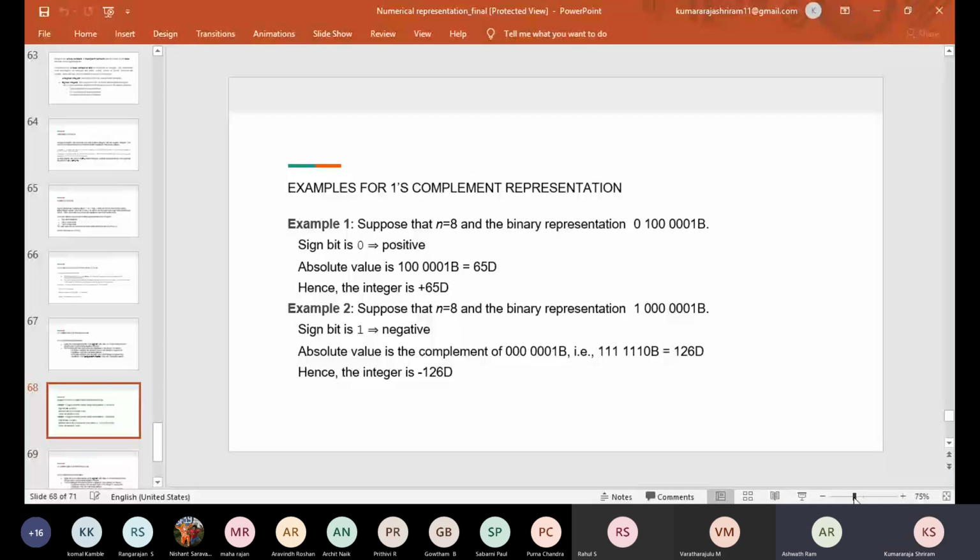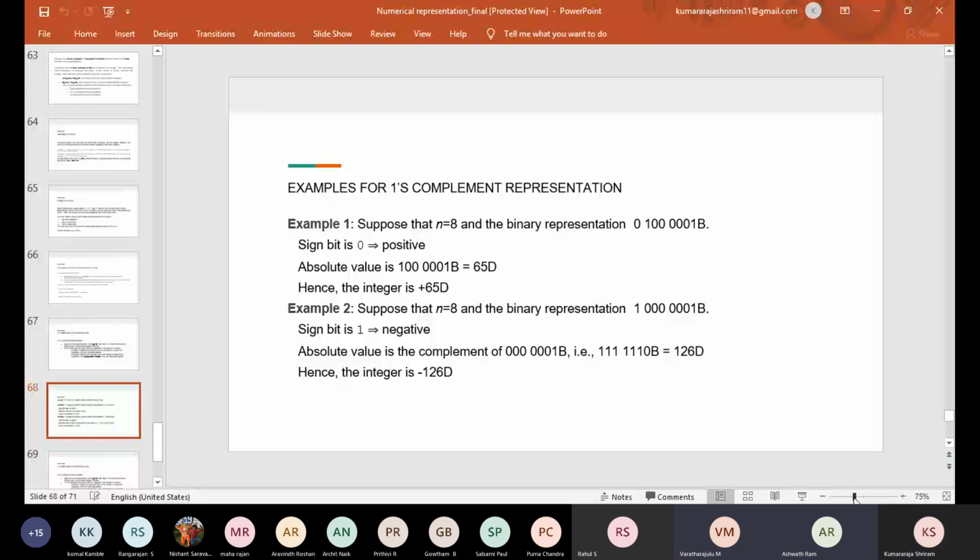Next one. Kumar Raja, next slide. Hello? Shubham, if you have the content, go ahead with the content. Okay, sir.